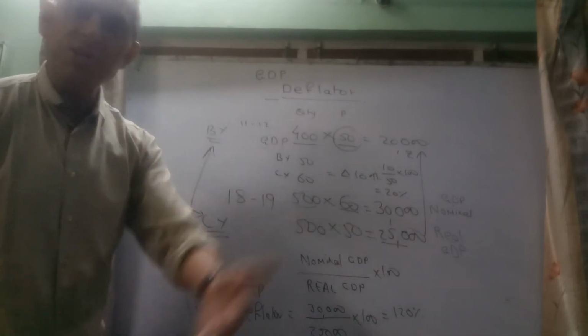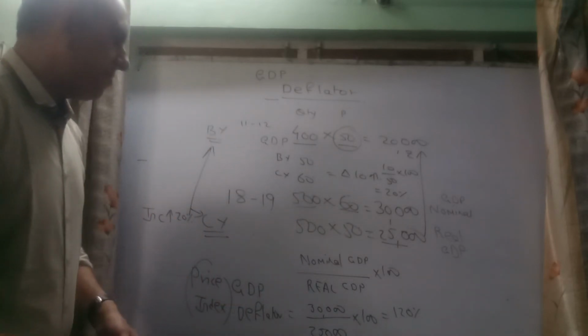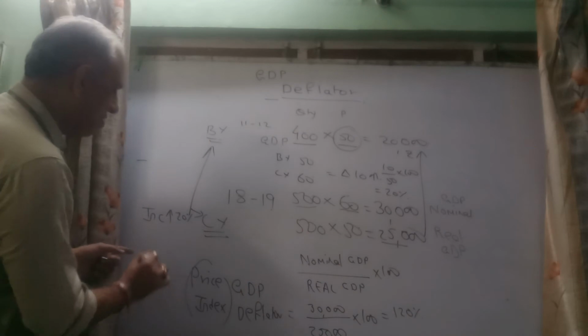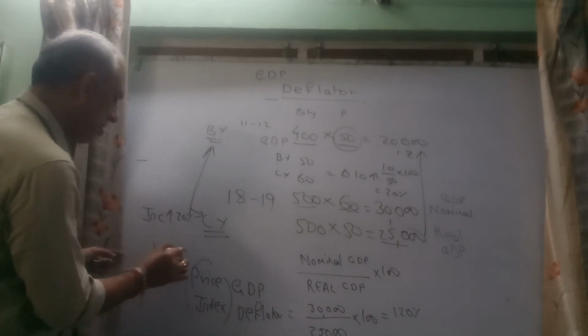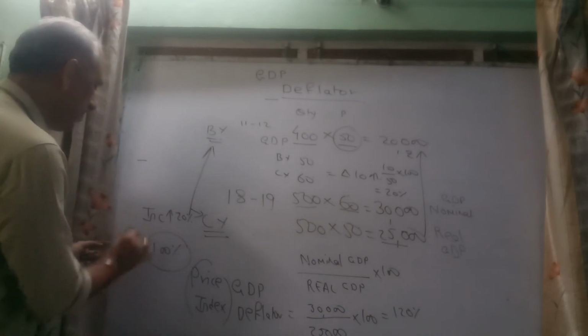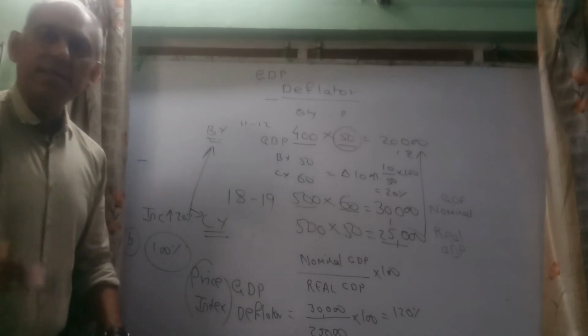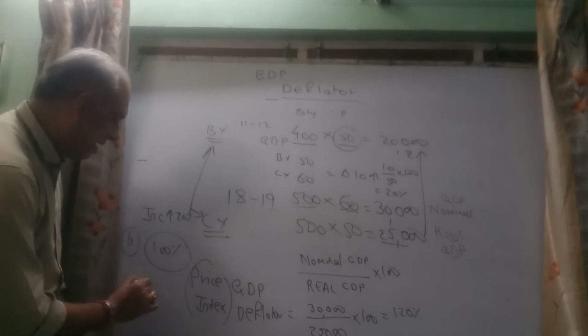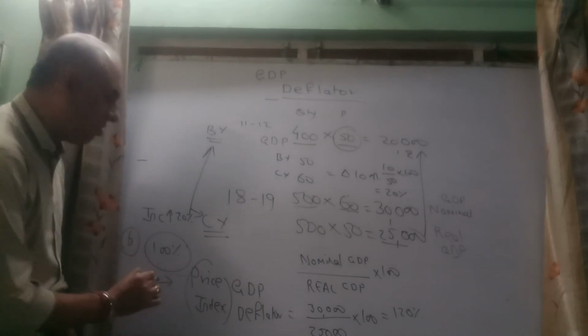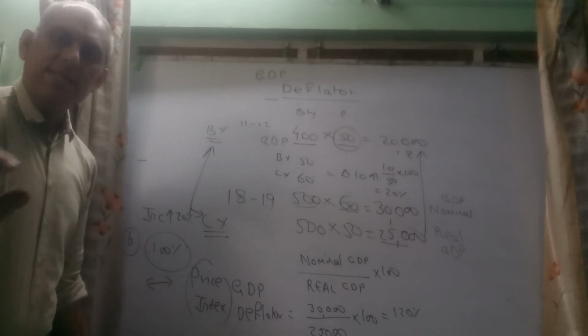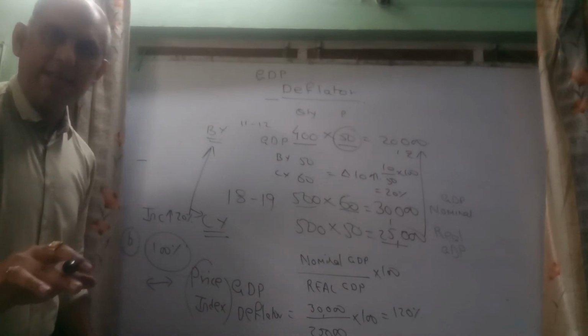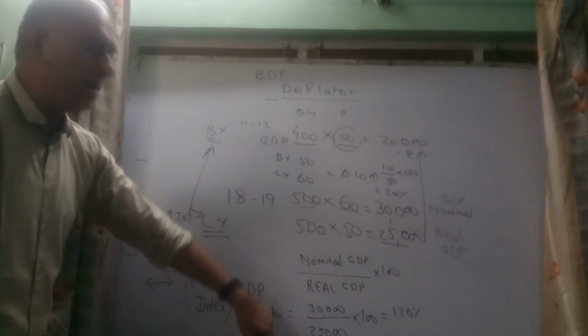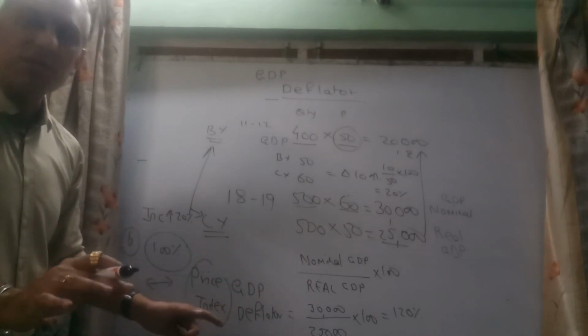Now I ask you another question. If the answer comes as 100%, supposing the option number B, then you will say that in the 2 years the prices have not changed at all. The prices have remained constant. Am I clear? 25,000 divided by 25,000, answer will be constant.